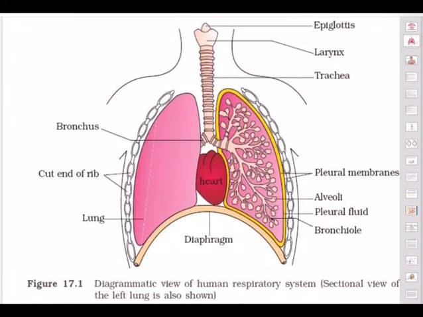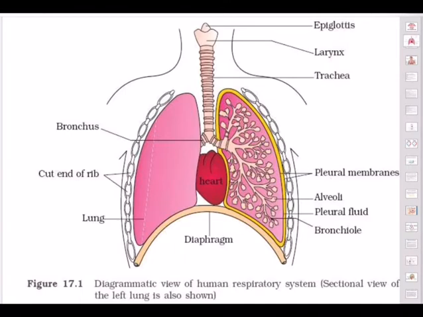Also you must note that human physiology consists of almost 7 chapters: digestion and absorption, breathing and exchange of gases, body fluids and circulation, excretory products and their elimination, locomotion and movement, neural control and coordination, chemical coordination and integration. For your batch, out of these 7, 3 chapters are removed.